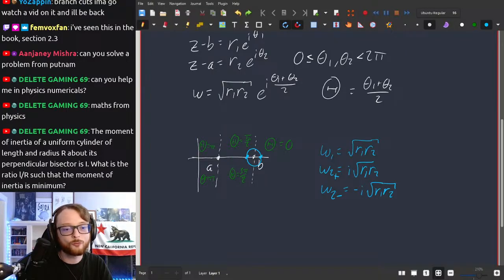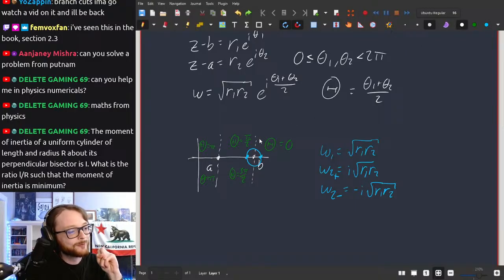You have to choose a circle that circles only one of the branch points, and then look where that circle intersects the cut and approach it from above and from below, and that's your discontinuity. Okay. Oh my god. That's easier than I thought, but I'm glad I worked through that.